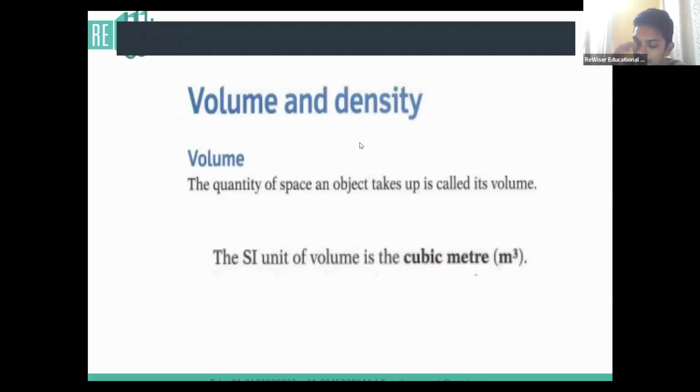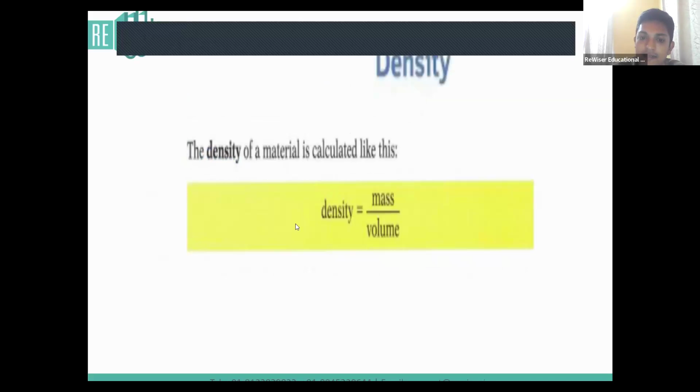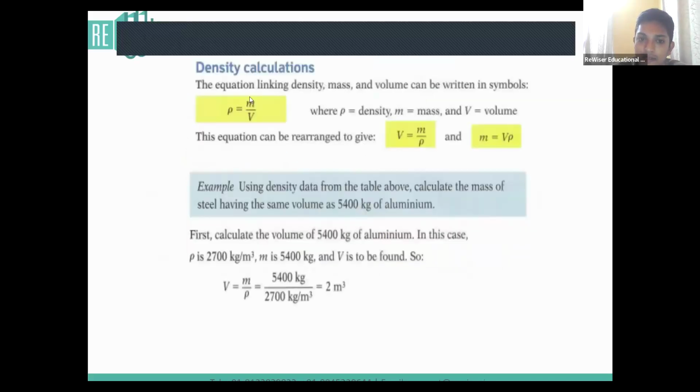So by logic, what is the unit of density? Kg per meter cube. Correct. Density is mass by volume. Its unit is kg per meter cube. Here's an example of a calculation done using the same formula. You can read through the example once and ask me if you have any doubts.